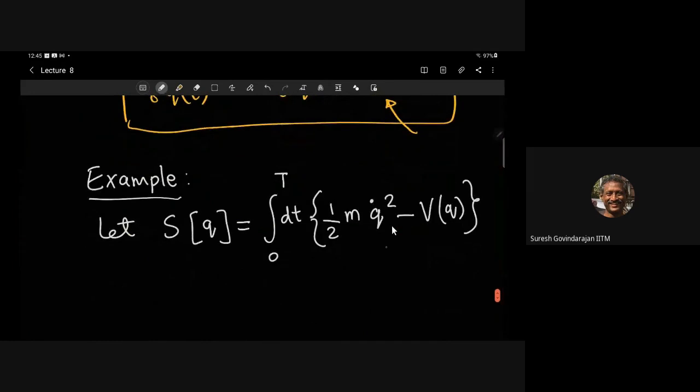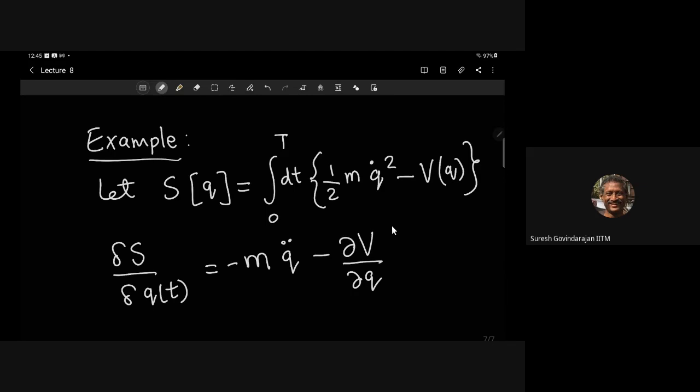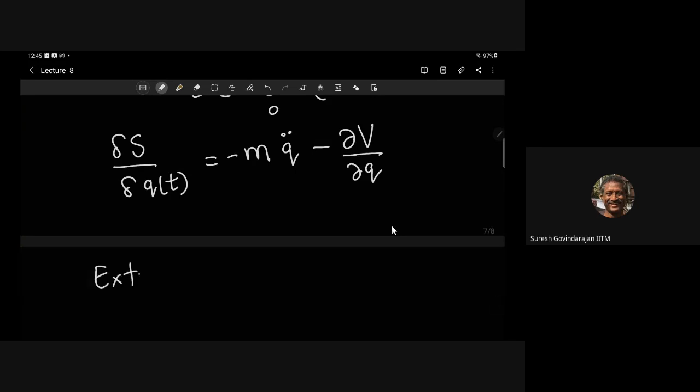This is like F1 and this is like F2, and now we can work out what delta S by delta Q is. It becomes minus d by dt, so minus q double dot, and this fellow will become minus dV by dq. This is just combining the results from example 7, so 4 and 5. This is what we get.